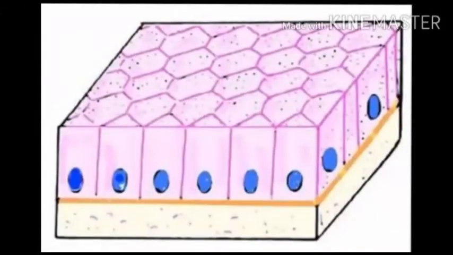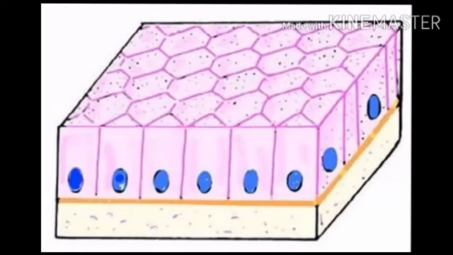Let's understand columnar epithelial tissue by seeing these pictures. This is the picture of columnar epithelial tissue. The black dot we are seeing is a nucleus, and at the end of the base there is a basement membrane, which is always present at the base.